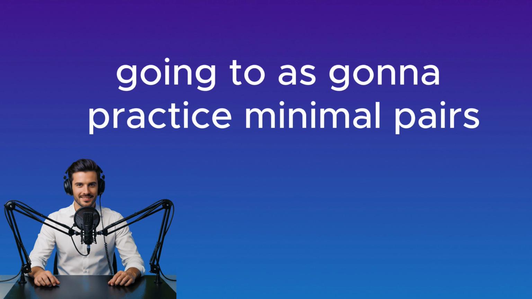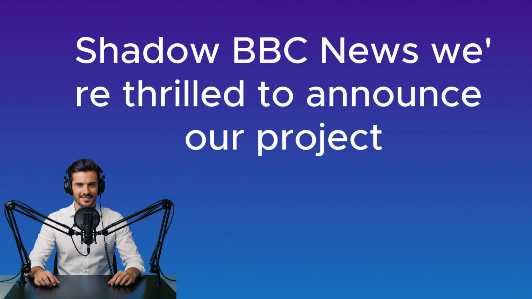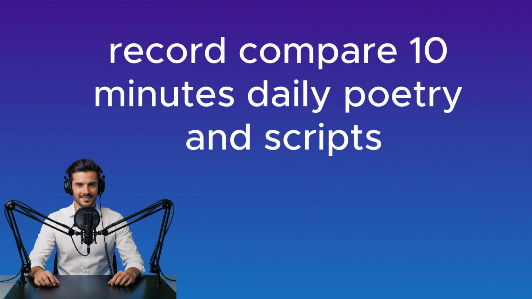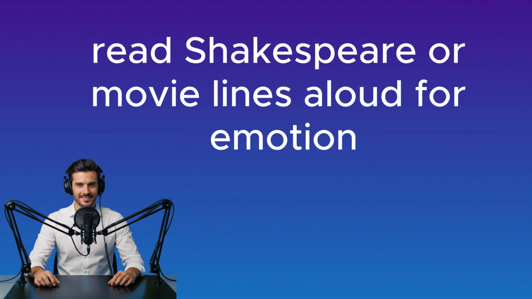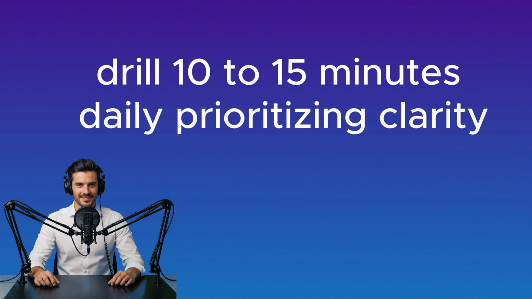Practice minimal pairs, pen versus pan, shadowing. Shadow BBC News. We're thrilled to announce our project. Record, compare. 10 minutes daily. Poetry and scripts. Read Shakespeare or movie lines aloud for emotion. Example, Disney songs for intonation. Drill 10 to 15 minutes daily, prioritizing clarity.